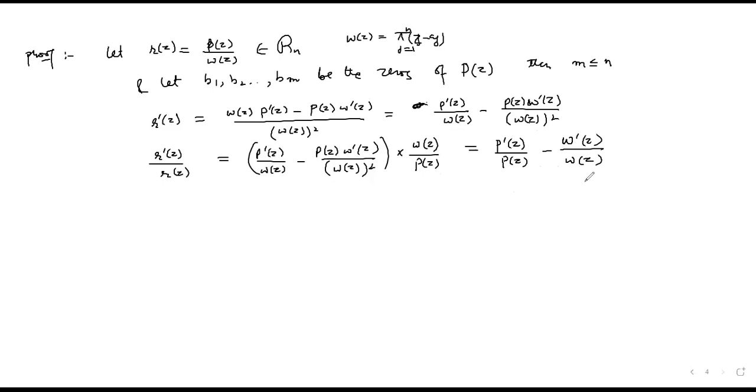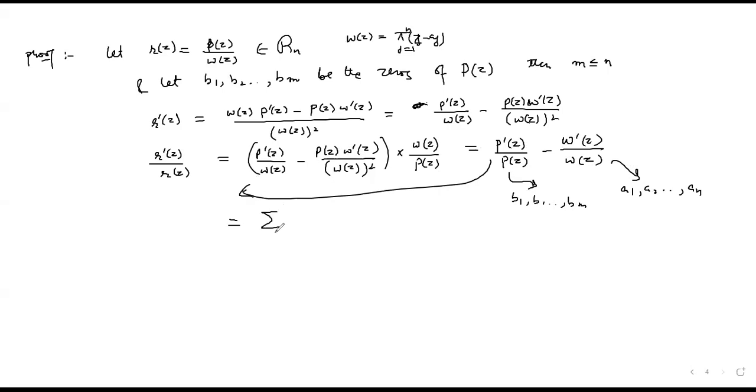Now we know something. What do we know? Both p(z) and w(z) are polynomials, and the zeros of p are b1, b2, bm, and the zeros of w are a1, a2, an, which are the poles of r(z); they are actually zeros of w(z). And we know, if you have this kind of expression for two polynomials, we have done this 50 times, this thing is equal to summation k runs from 1 to m of 1 by z minus bk, because those are its zeros, up to m, minus summation k runs from 1 to n of 1 by z minus ak.